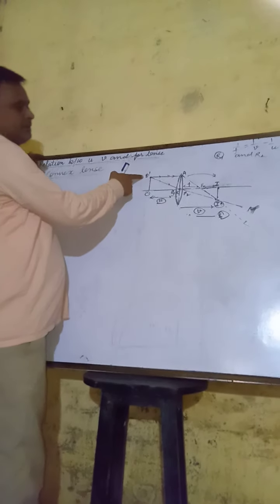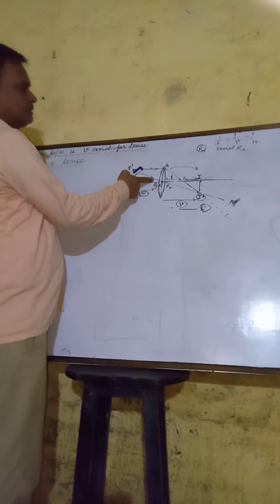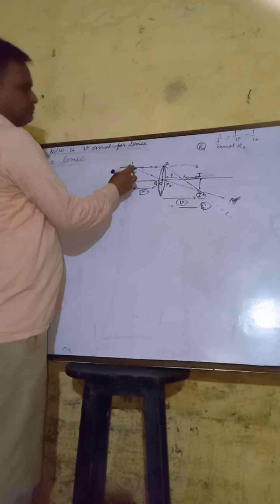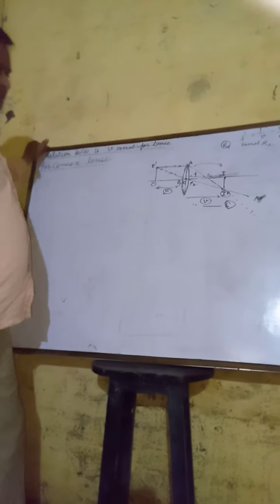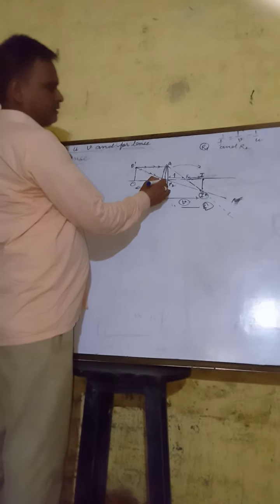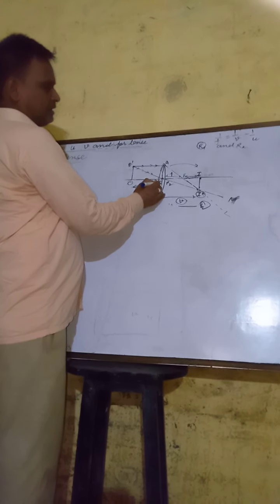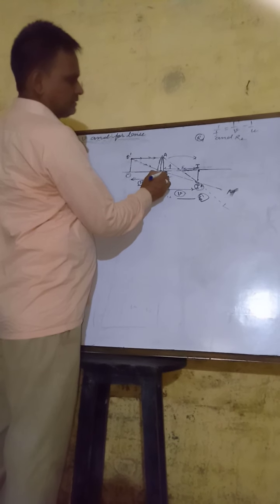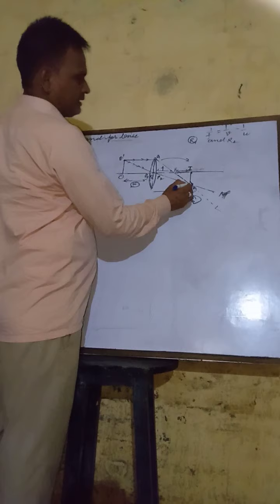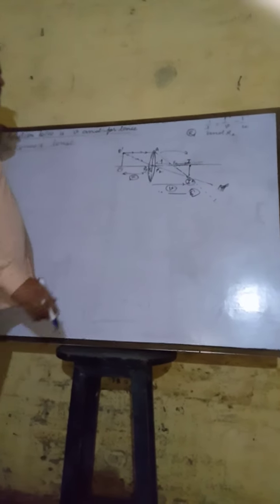Another light ray O dash C moves in a straight way and passes through the optical center of the lens, and after the refraction it goes along the CM direction.